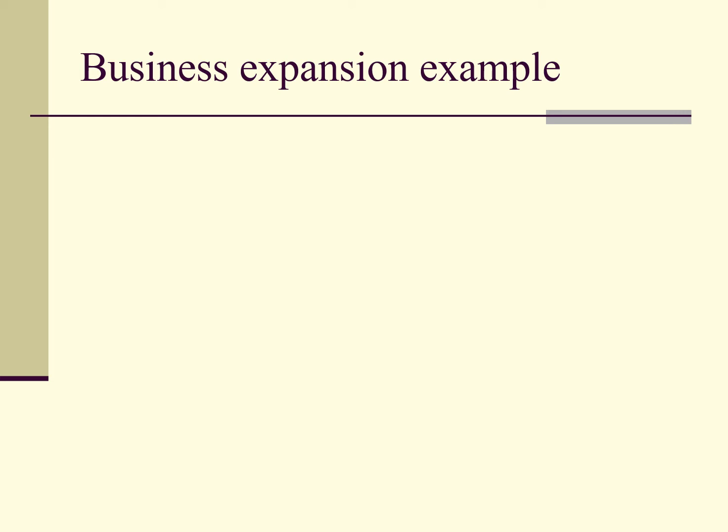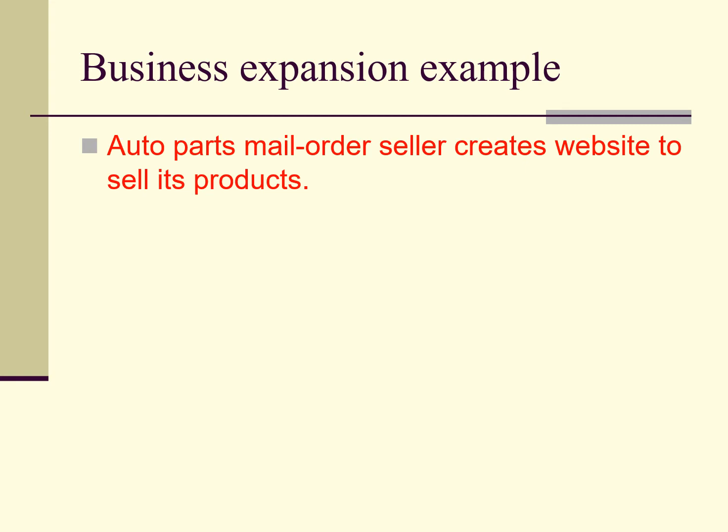Now, let's look at the expansion of an existing business which is not subject to Section 195. This example is in the text at 7.043a. Parts Inc. is a long-time mail-order seller of auto parts.